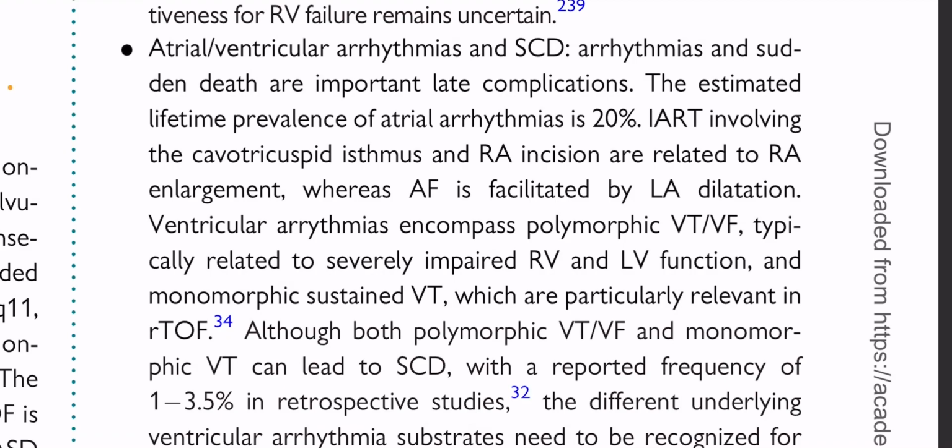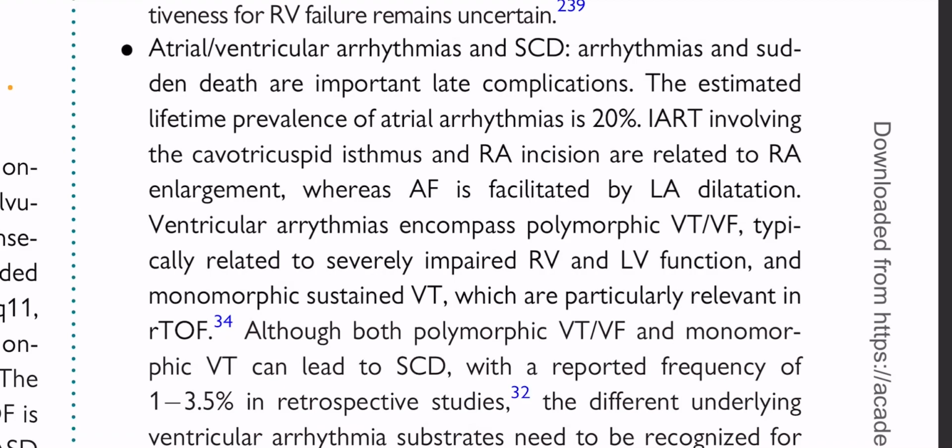IART involving the cavo-tricuspid isthmus and right atrial incision are related to right atrial enlargement, whereas atrial fibrillation is facilitated by LA dilatation. Ventricular arrhythmias encompass polymorphic VT or VF, typically related to severely impaired RV and LV function, and monomorphic sustained VT, which are particularly relevant in repaired TOF.